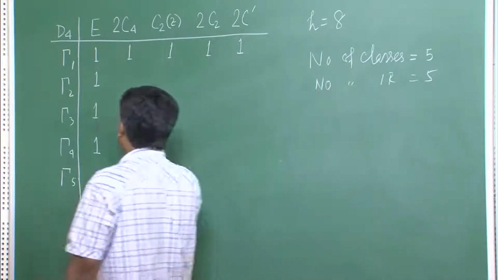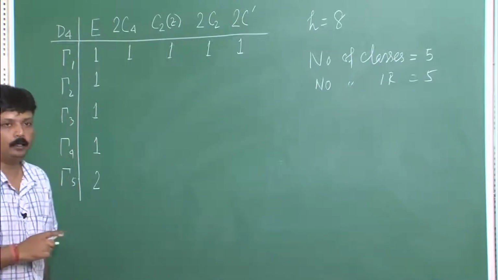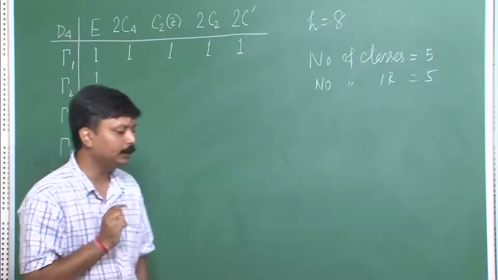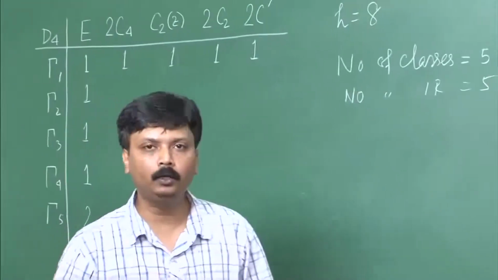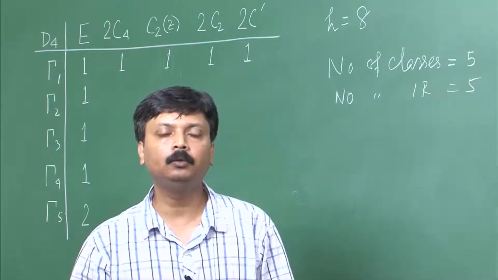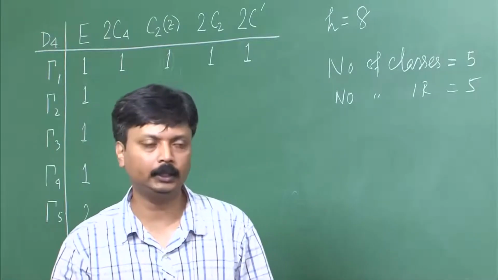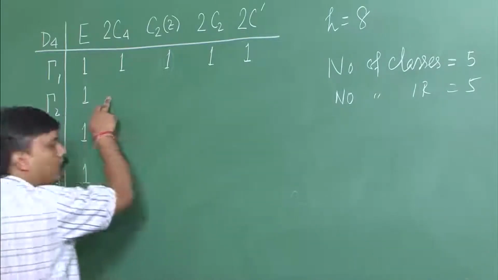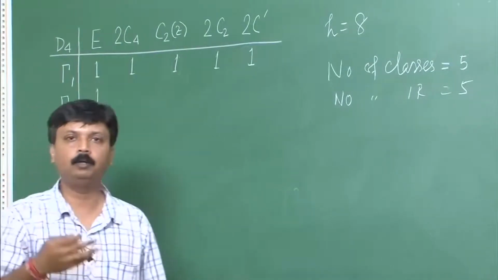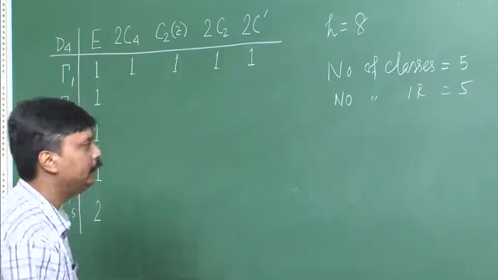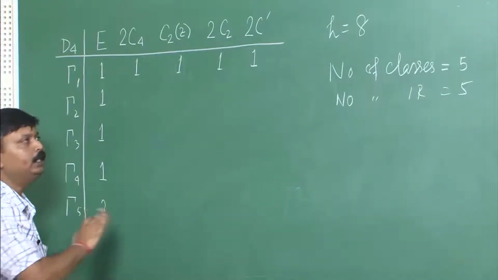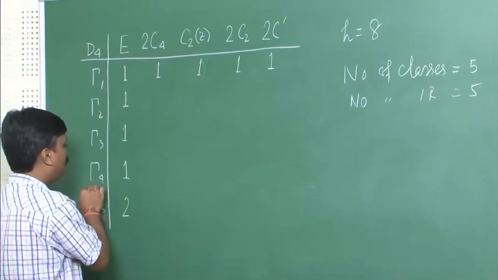Regarding the one-dimensional irreducible representations, we can very easily do that, because we have to consider that any two irreducible representations will be orthogonal unless we are considering the same irreducible representation. So, gamma 1 and gamma 2 will be orthogonal, gamma 2 and gamma 3 will be orthogonal. Any two of them that we pick will be orthogonal to each other. If we keep that in mind, then we can easily fill this at least up to gamma 4.